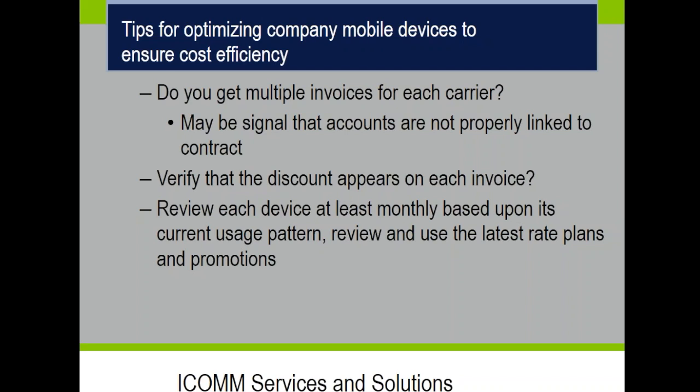When we come into a new client, almost every single client has at least one contract, one set of accounts and invoices, that they think they're getting some sort of discounts or specialized pricing on, and there's something wrong with that pricing. And I would say it's in the 90% range, not surprisingly, that those mistakes on the invoice benefit the carrier, not the customer.